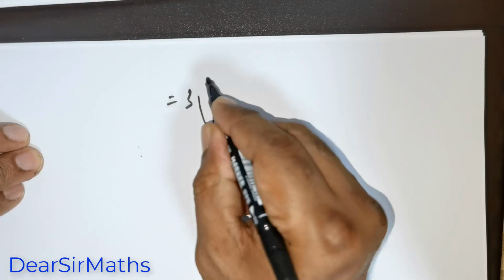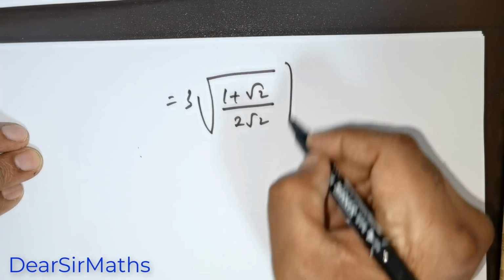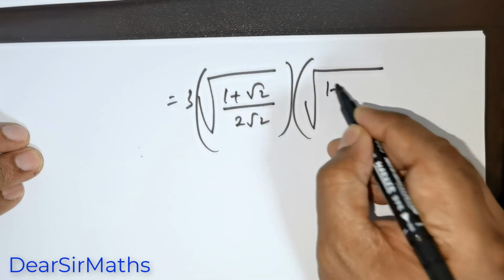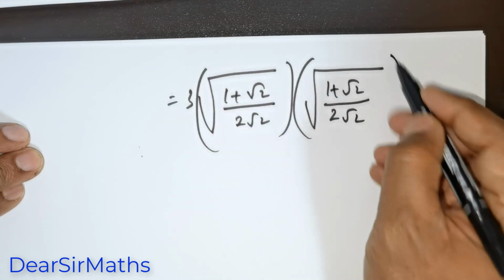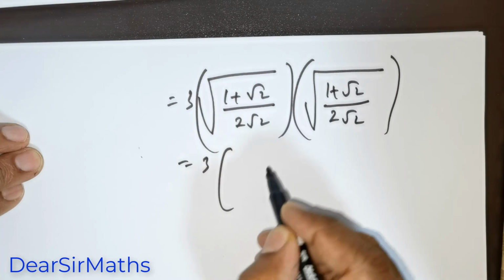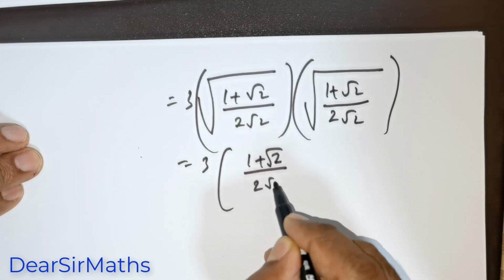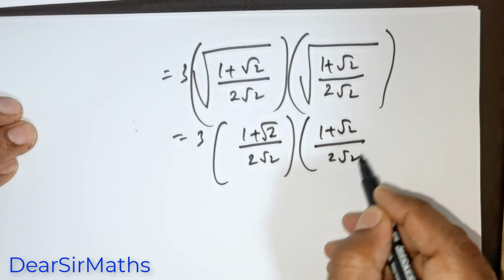Now 2 can be cancelled, so you get 3 times the root of 1 plus root 2 divided by 2 root 2, multiplied with the root of 1 plus root 2 divided by 2 root 2. The square root will get eliminated, giving us 1 plus root 2 divided by 2 root 2 multiplied with 1 plus root 2 divided by 2 root 2.